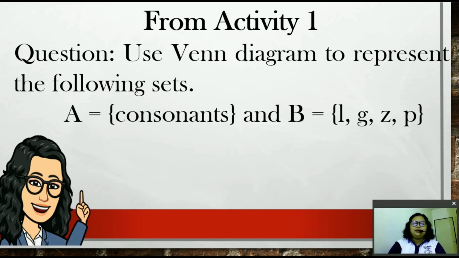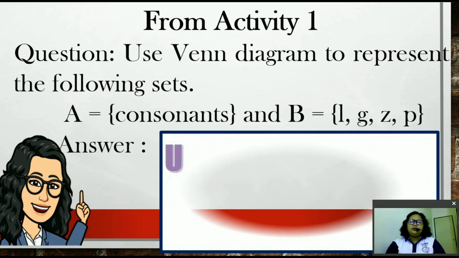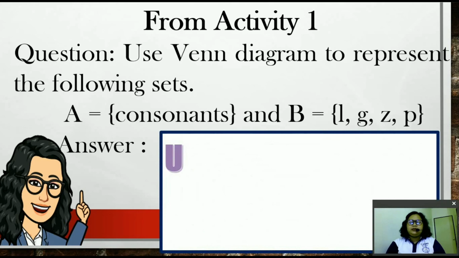Okay, so let's see whether you get the correct answer. So first, we draw the rectangle and name it as universal set. So you have to analyze whether set A and set B will be subsets, joint sets, or disjoint sets.